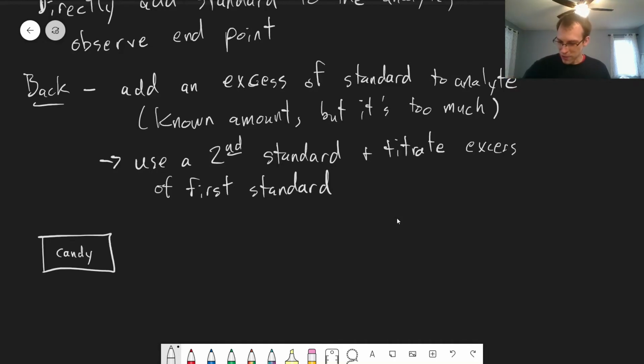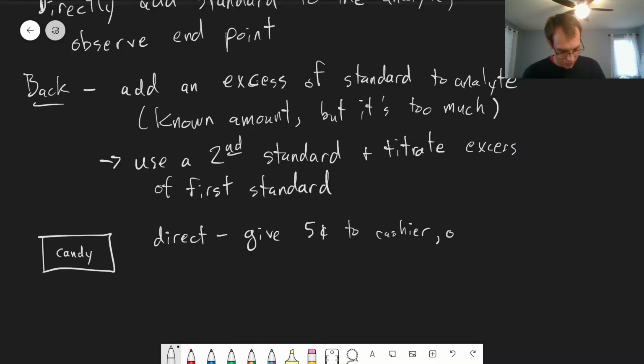And so to figure out how much it costs, a direct titration would be that you give maybe 5 cents at a time. Give 5 cents to the cashier over and over until the candy bar is bought.